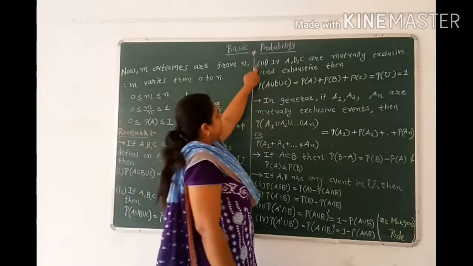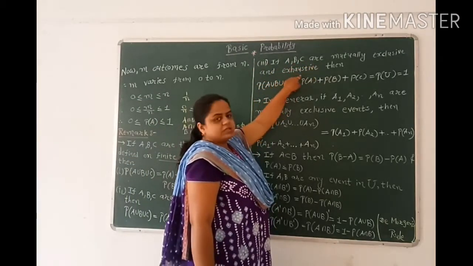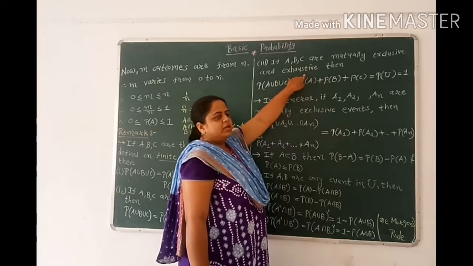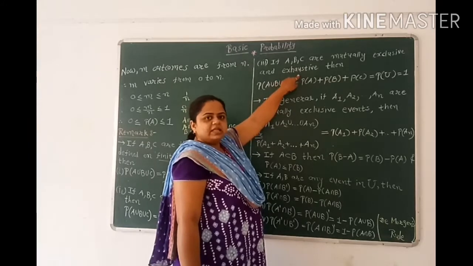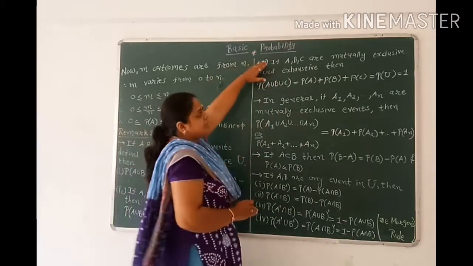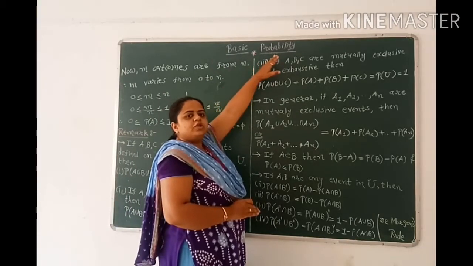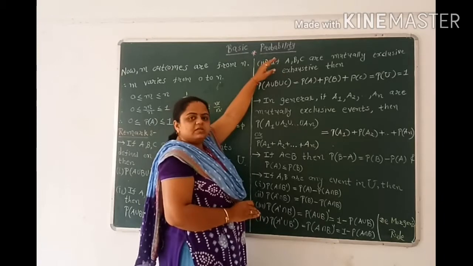Now number 3, if A, B and C are mutually exclusive and exhaustive events, then the intersection of these events is phi and the union of these events is U, that is our sample space.